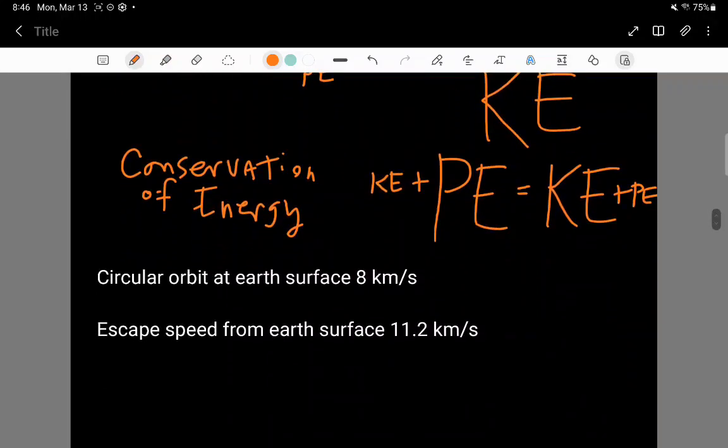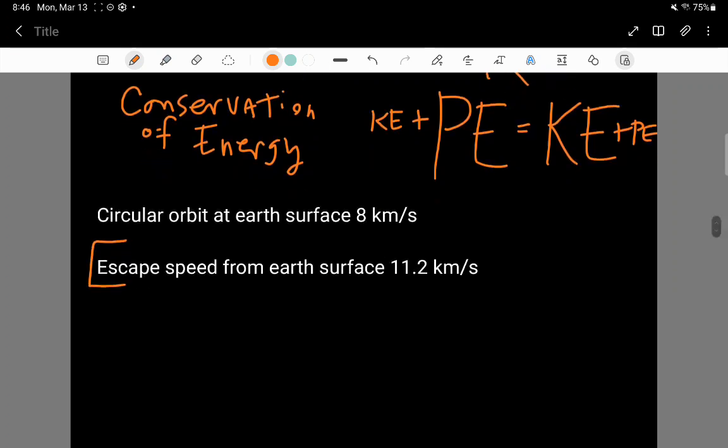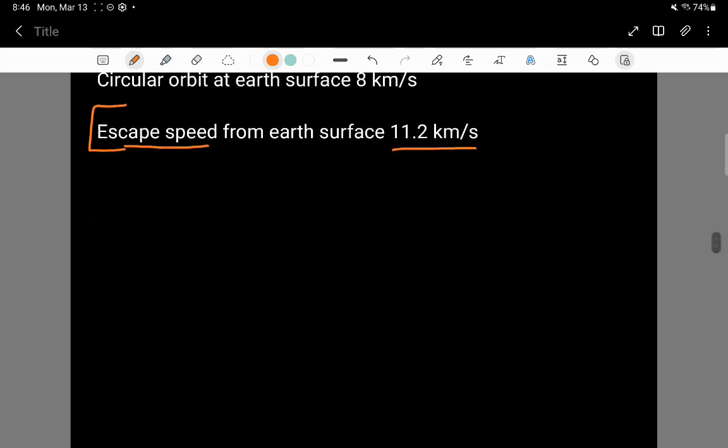Another pretty interesting issue is how energy plays out in an interesting way here. This is called the escape speed. And the escape speed is 11.2 kilometers per second. And the point is this: let's say you've got Earth, and you take a person who's got a very, very strong arm, and they manage to throw an object and give it at the surface of the Earth a speed.